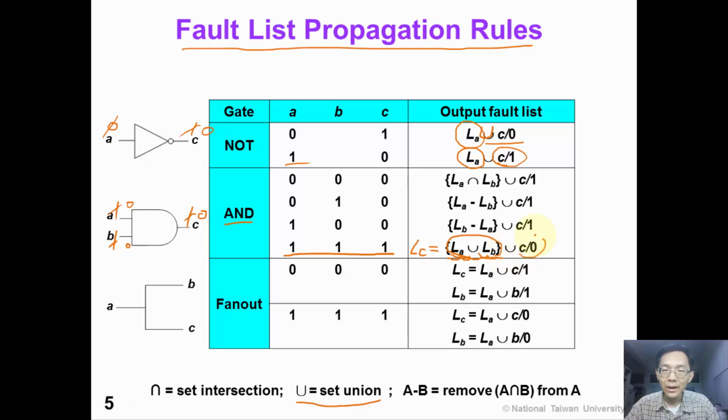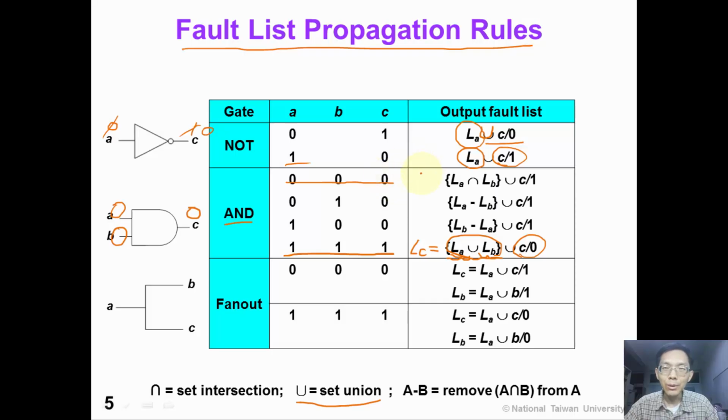And don't forget, the output C stuck at 0 fault is also included in the output fault list. Now, suppose that the good value of A is 0 and B is 0, so the output C is 0.